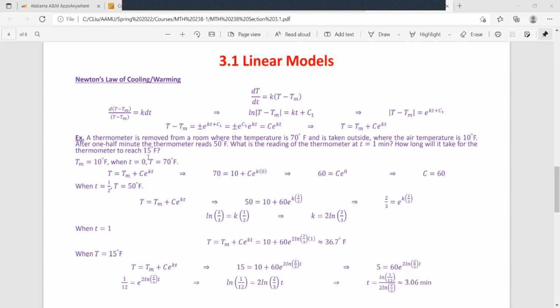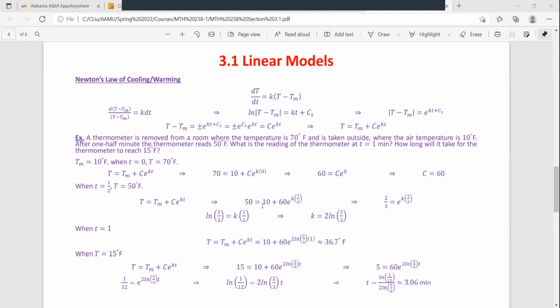So that means when t equals half, that's the time, 1/2 minute, the temperature is 50 degrees. So just plug in 50 for capital T and half for small t. And then we know capital Tm is 10 and C is 60. Then we can solve for k.